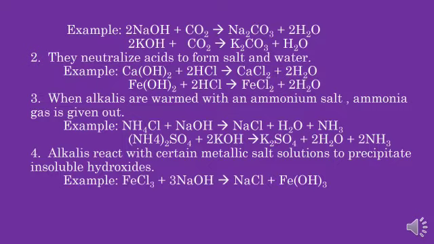Point number 4. Alkalis react with certain metallic salt solutions to precipitate insoluble hydroxides. For example, ferric chloride with sodium hydroxide gives sodium chloride and ferric hydroxide. Ferric hydroxide is an insoluble reddish brown precipitate.